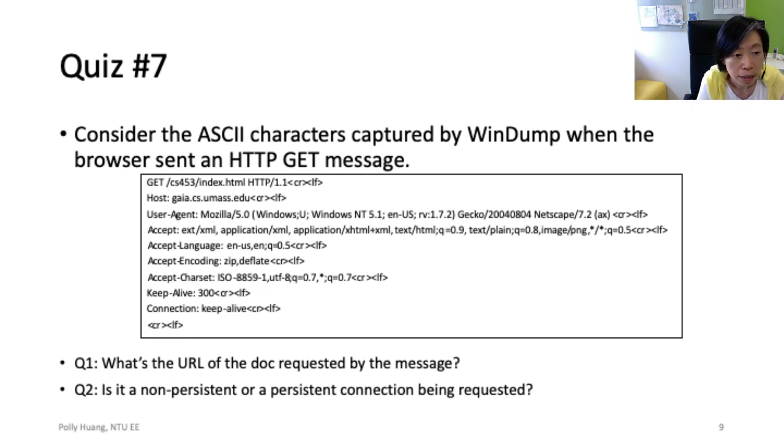Okay, let's see. Darius, team 12. Persistent connection, definitely. Can you see the host name? Yeah, you can.